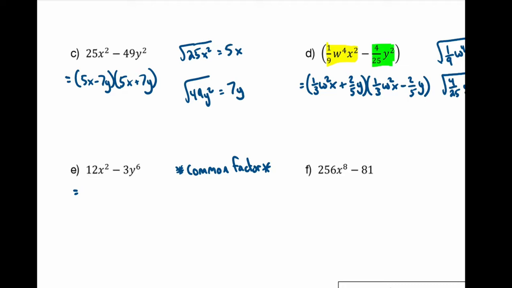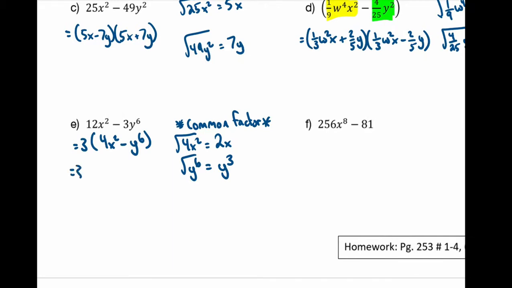So in this case, a common factor is 3. So if I take a common factor of 3 out, I get 4x squared minus y to the power of 6. And if I square root each term inside the bracket, square root 4x squared, square root y to the power of 6, these are perfect squares, so I get 2x and y to the power of 3.